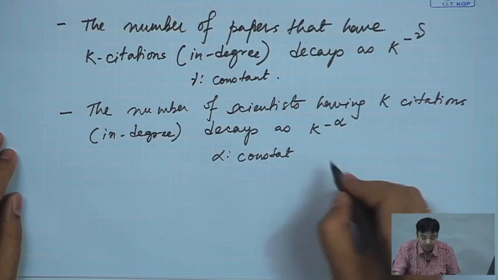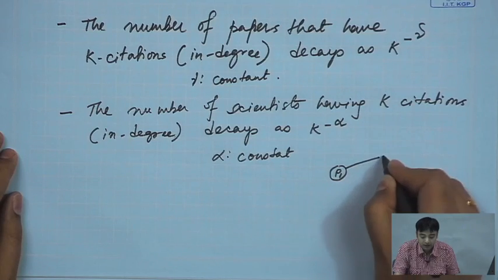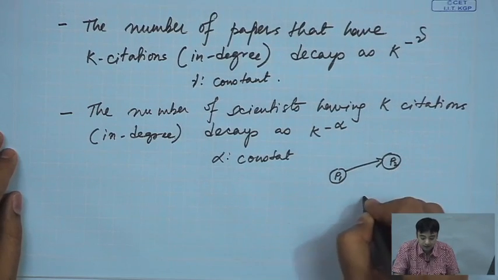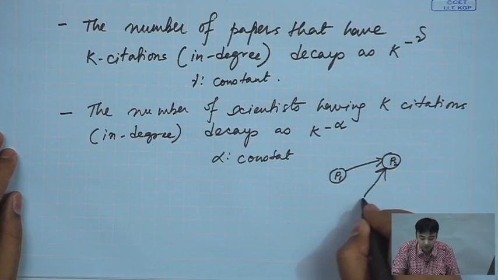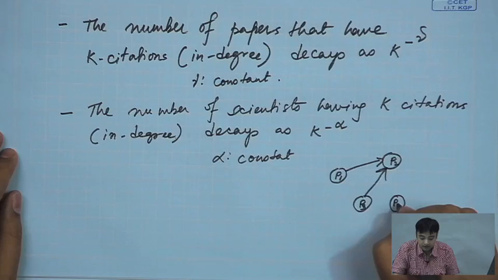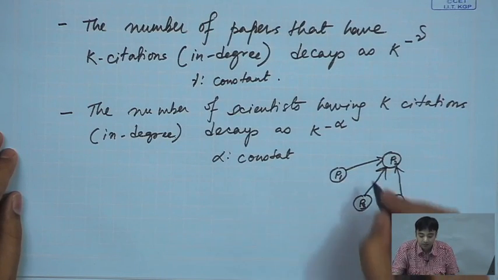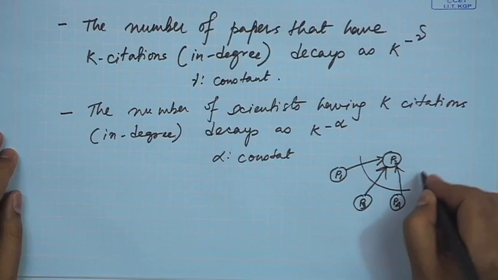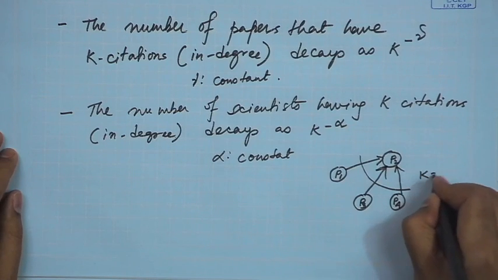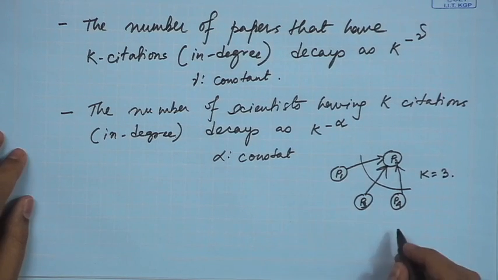Just to recap, if you look at the paper citation network and say there is some paper P2 which is being cited by 3 other papers P1, P3 and P4, then in this case k is equal to 3. K is equal to 3 in this particular example.